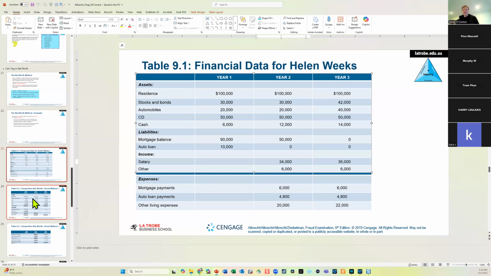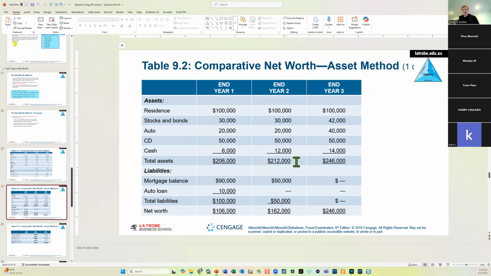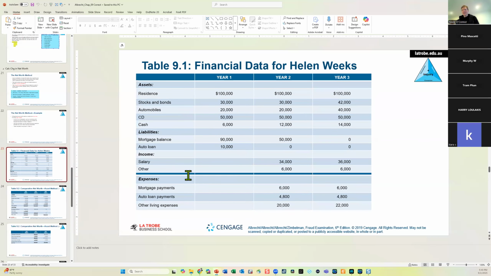And at the end of the day, you can do it this way or you can do it my way. That is, I just did the income and expenses separately from the change, and then I looked at the difference.